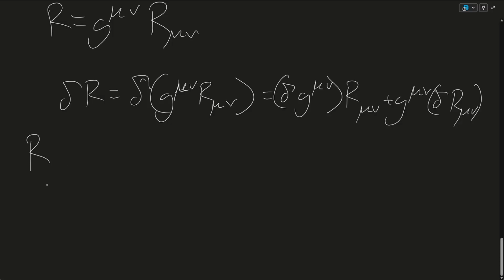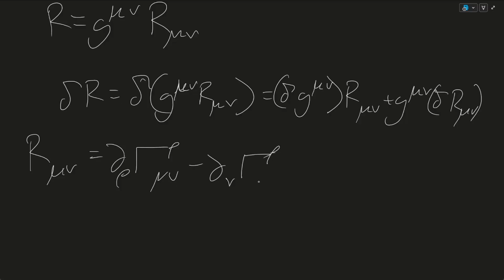I also can't remember. R mu nu is equal to the rho partial of Christoffel rho sub mu nu minus the nu partial of Christoffel rho sub mu rho, even.